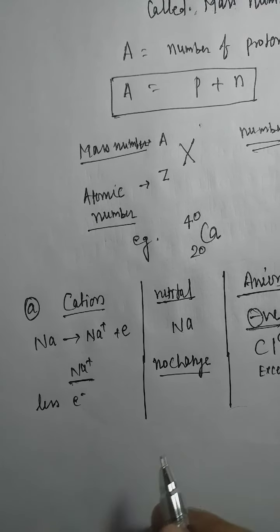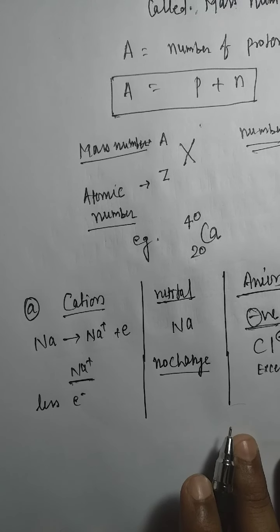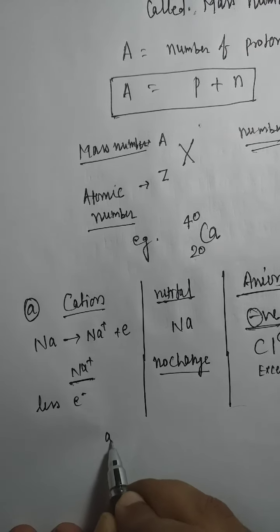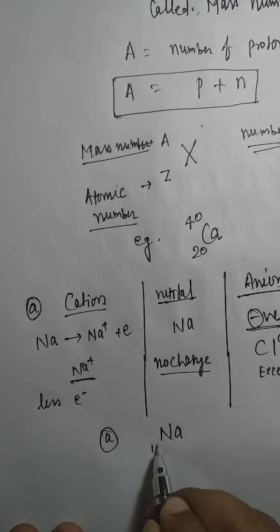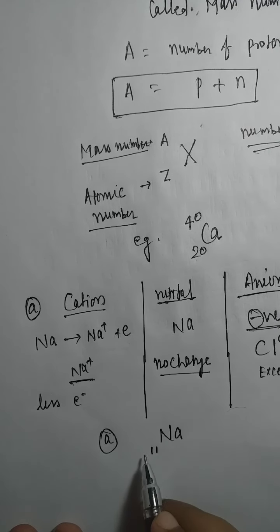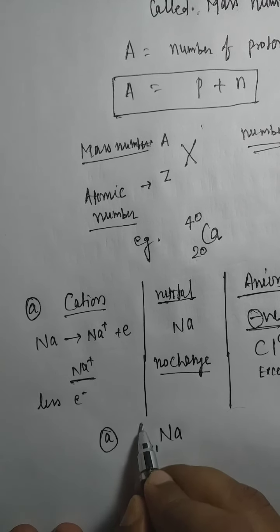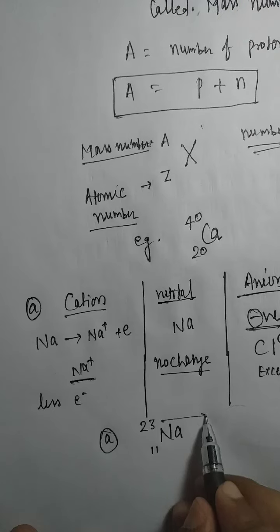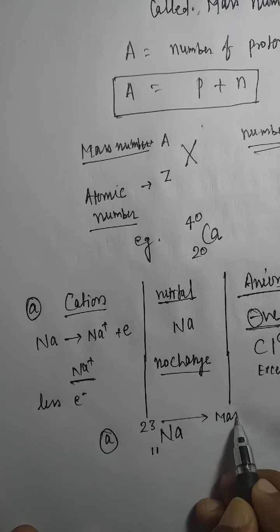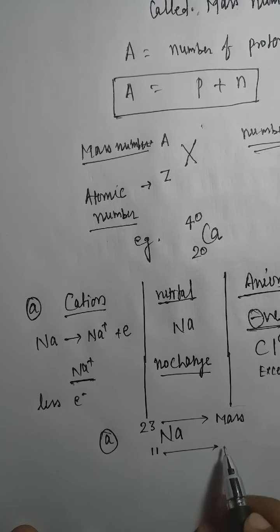So we are taking one example here. In the normal situation, for the question, sodium, where we are writing 11 on the lower side and 23 on the upper side, right? This 23 gives an idea of mass and this gives an idea of atomic number.